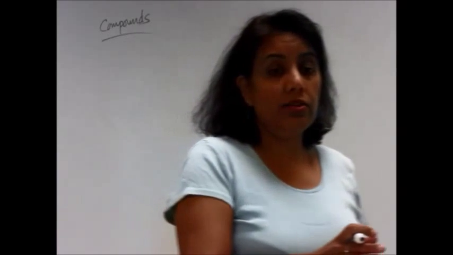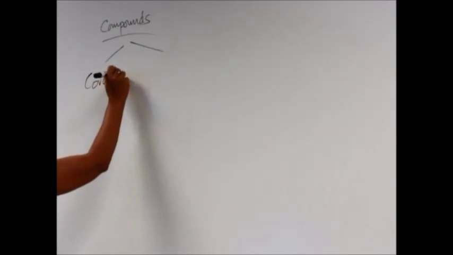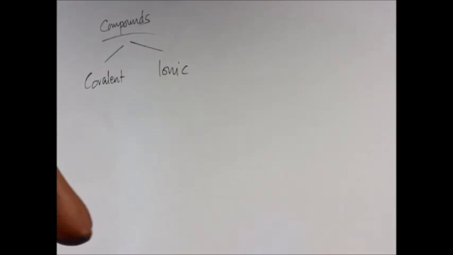So compounds are different kinds, and basically there are two different kinds. Covalent and ionic.